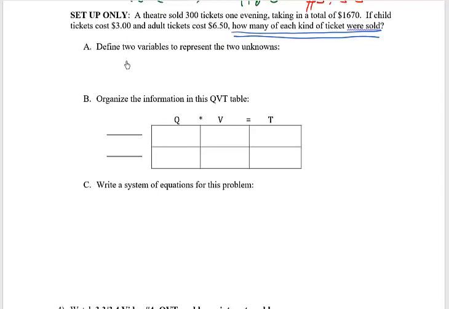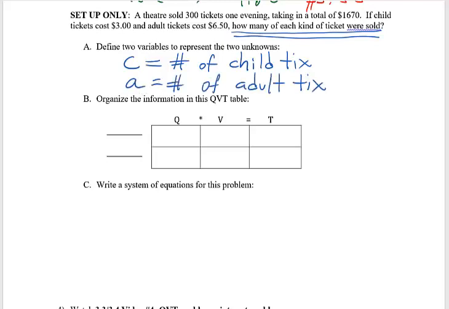You can use X and Y if you want. I like to use letters that help me remember what they stand for. So I would have C stand for the number of child tickets, and then A can stand for the number of adult tickets. It's important to write that down, both for yourself and for somebody who's looking at your work.